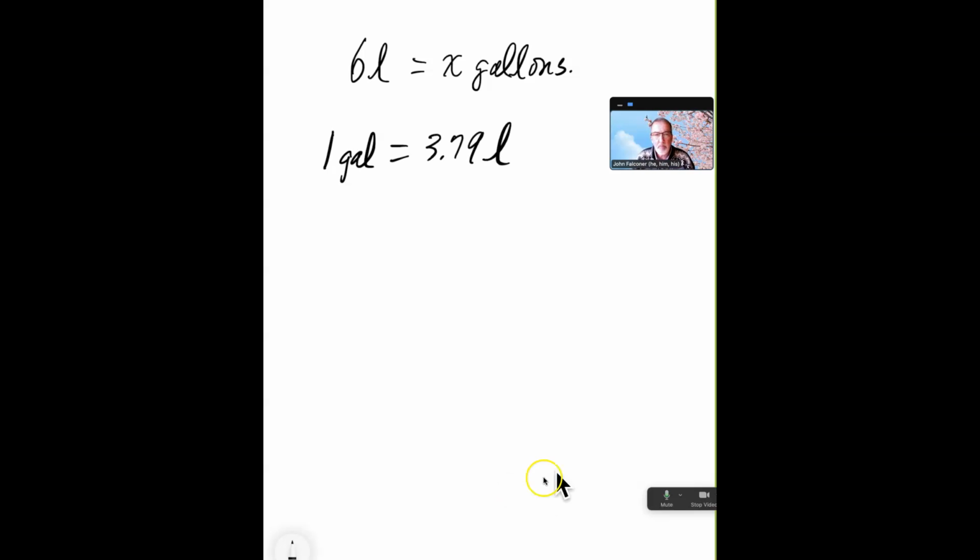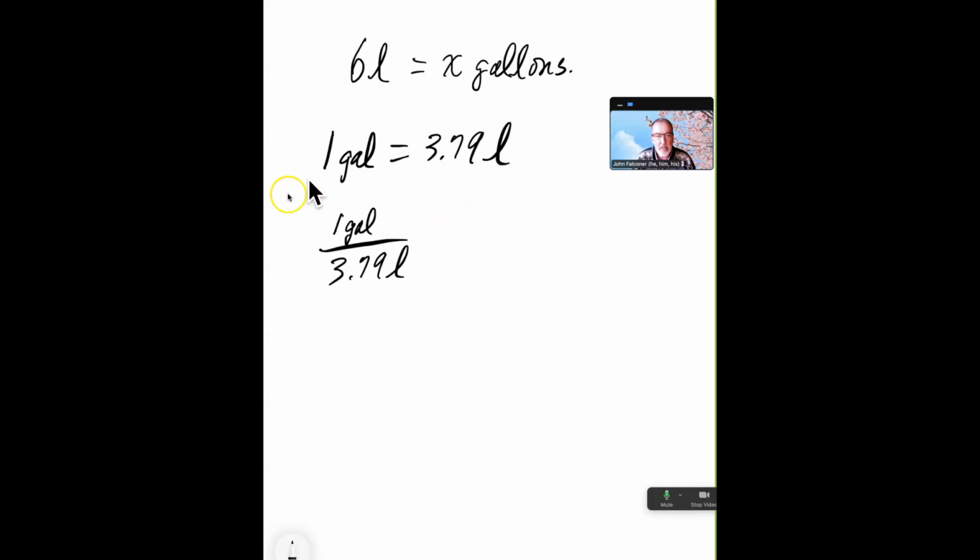Okay, so because these two terms are equal, when we want to convert a number from one to the other, we turn this into a fraction, and it's similar to converting fractions into equivalent fractions. 1 gallon is the same as 3.79 liters.